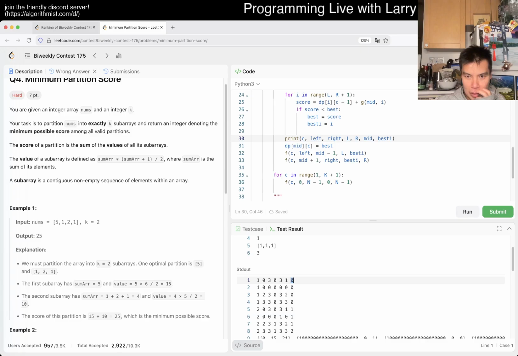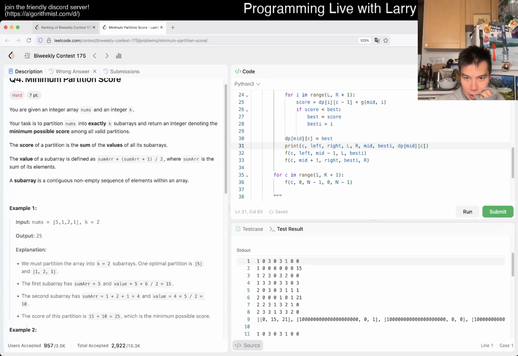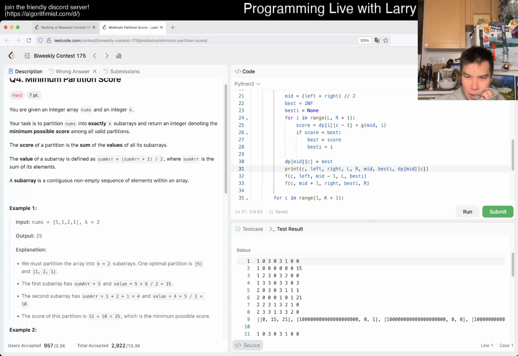I mean, all this is true, but then the value is wrong, right? Because this is this mid? No, we're solving for mid, so this should be mid. Left, right, left, okay.